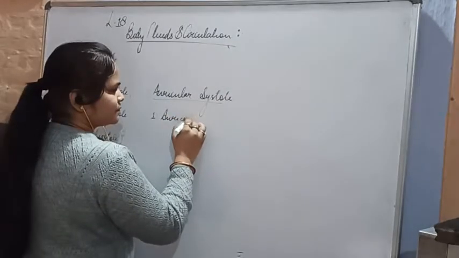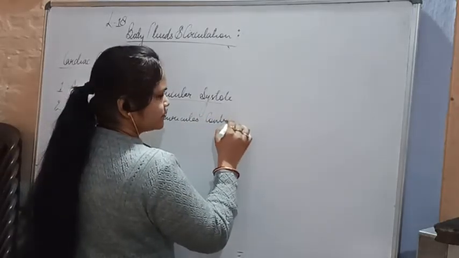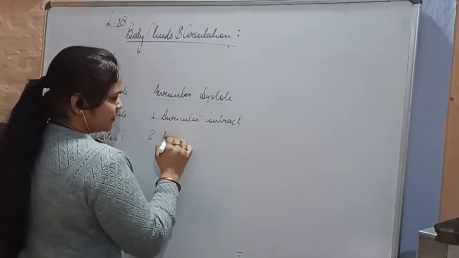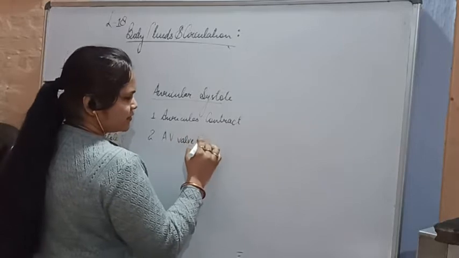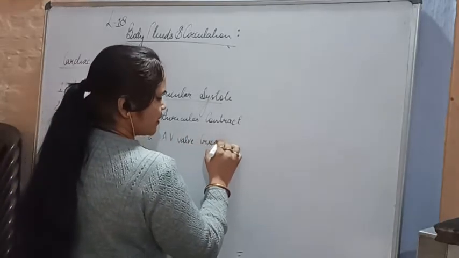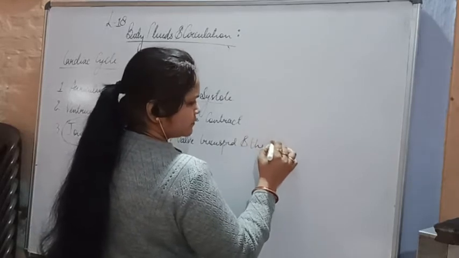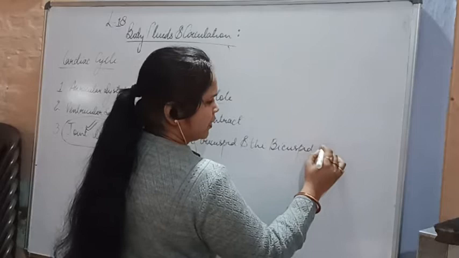Now, in this case, the auricles contract. The AV valves, that is the tricuspid and the bicuspid valves, are open.